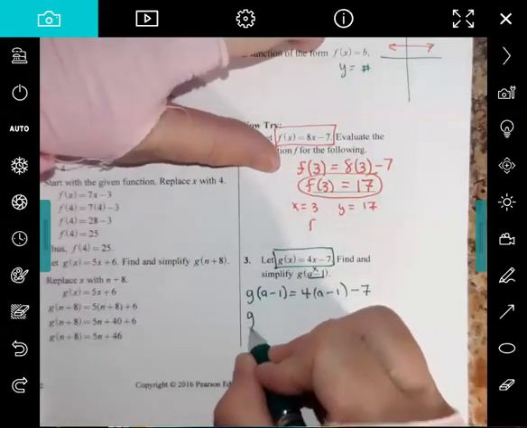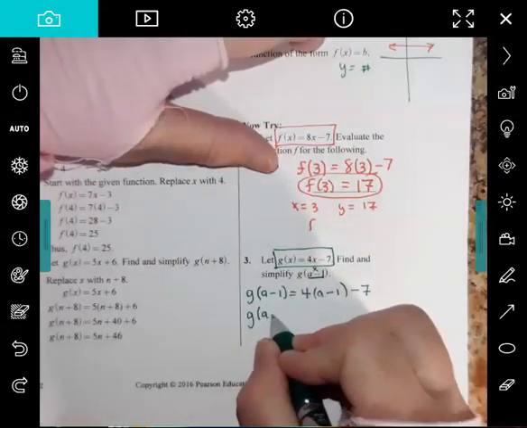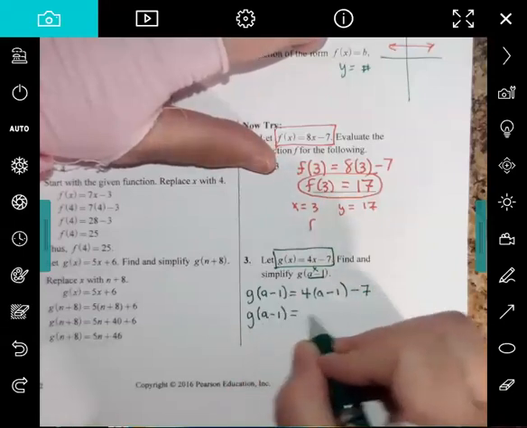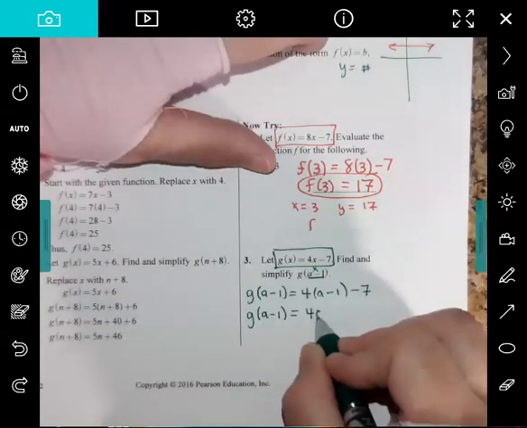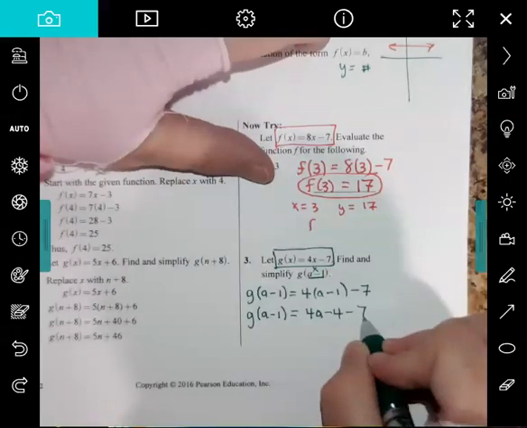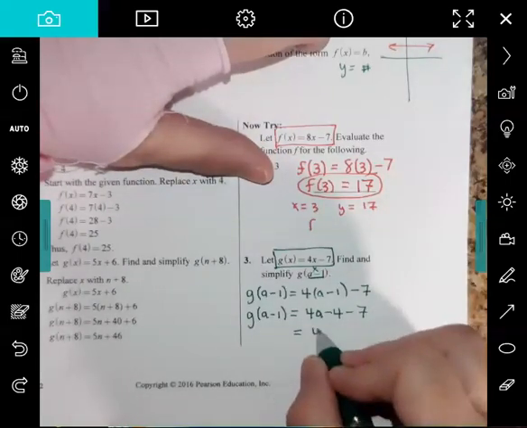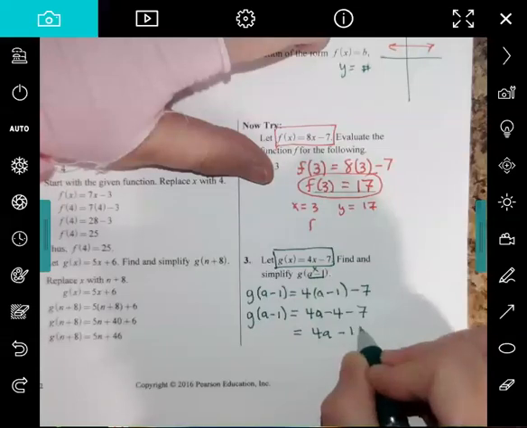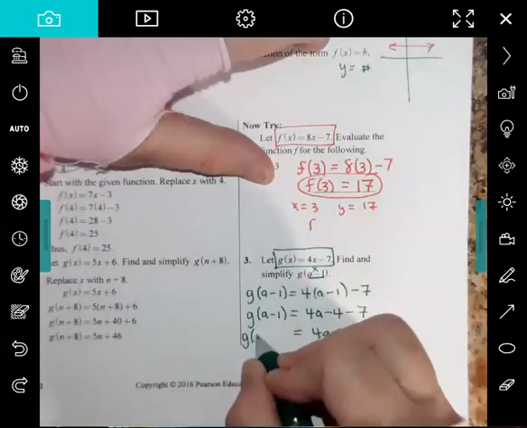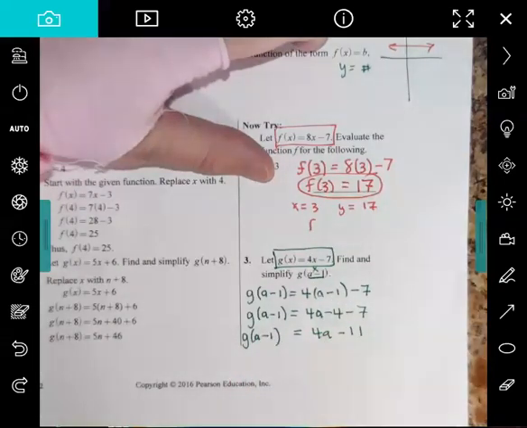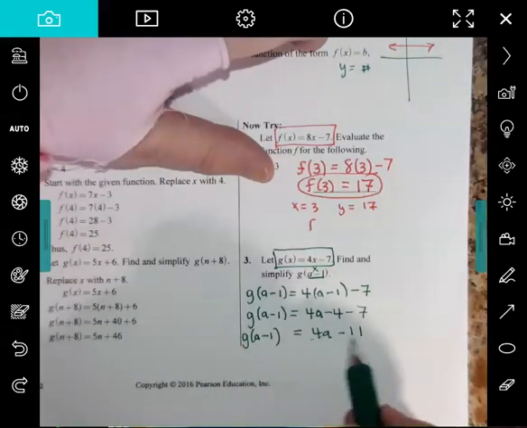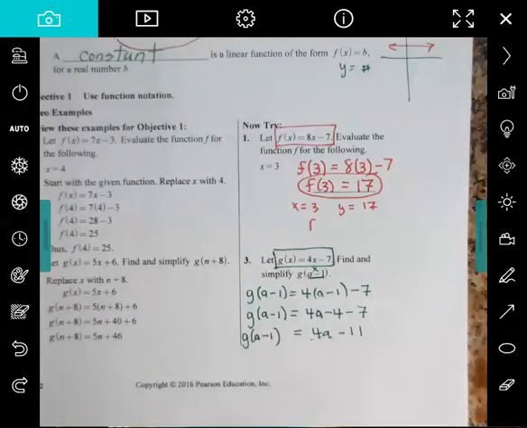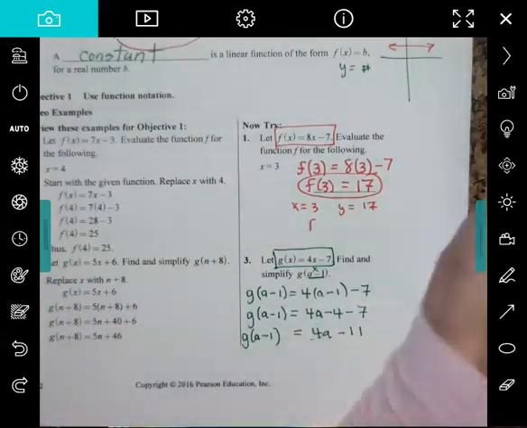Leave the left side just the way it is because that's a fancy name for y at a particular point. So distribute that. And then we get 4a minus 11 is g at a minus 1. So when you put in a minus 1 for x, you get this as the corresponding y value there, which isn't that helpful, but it's helping us with notation that we're really going to need later.